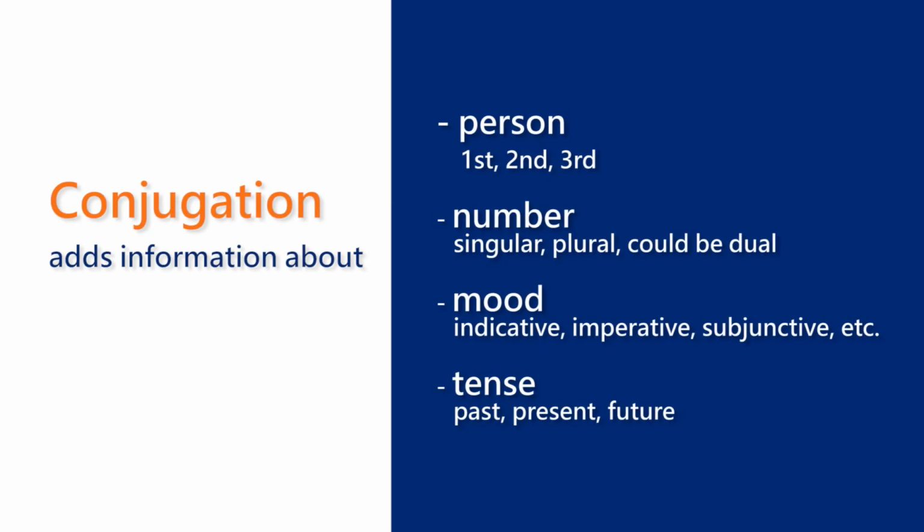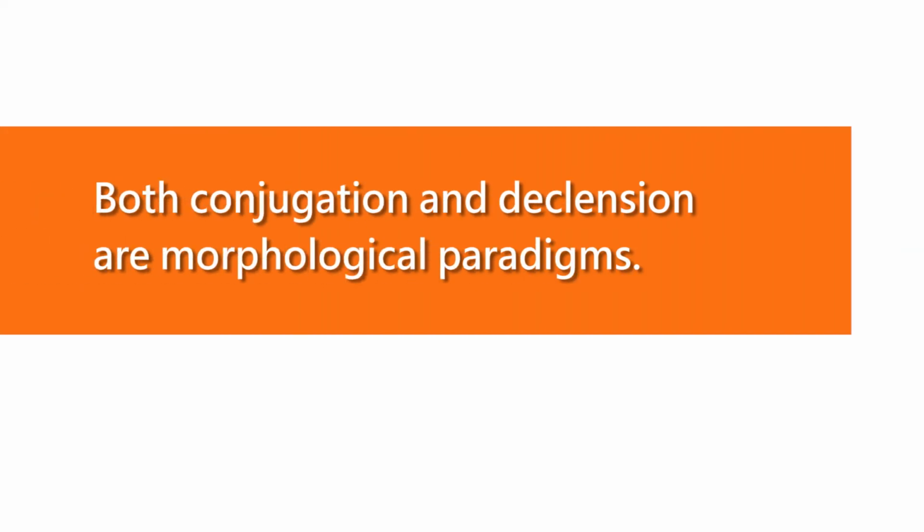Conjugation adds information about person, number, mood, tense. Person like first, second, third, number, singular, plural, and it could be dual in some languages. Mood, indicative, imperative, subjunctive, etc., and tense, past, present, future. Both conjugation and declension are morphological paradigms.